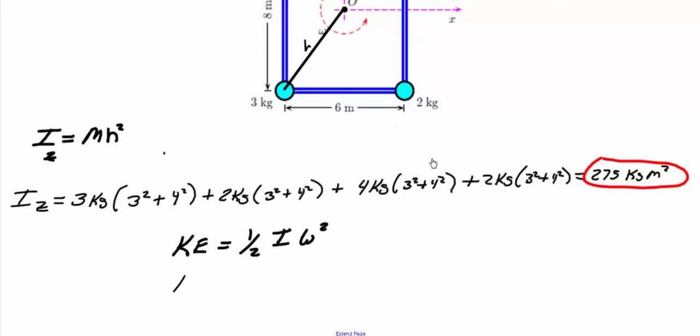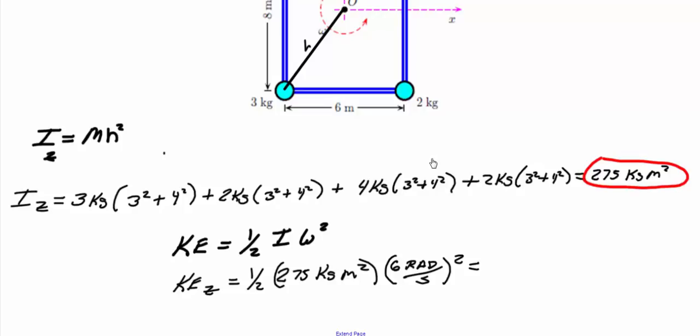So the kinetic energy about the z-axis is going to be 1/2 times 275 kilograms meters squared times the angular velocity, which we were given as 6 radians per second. We will square that, and that'll give us a value of 4,950 joules. Pretty simple problem.